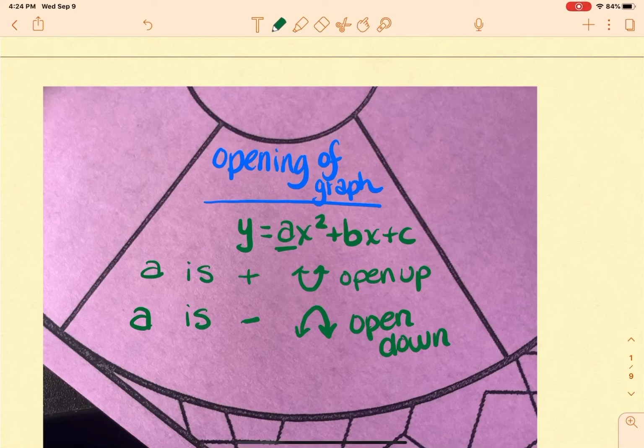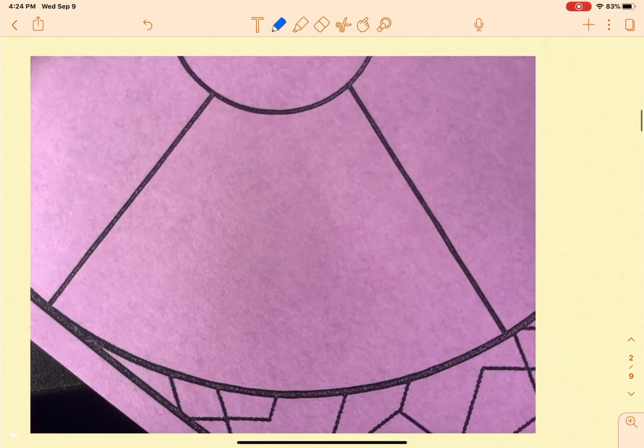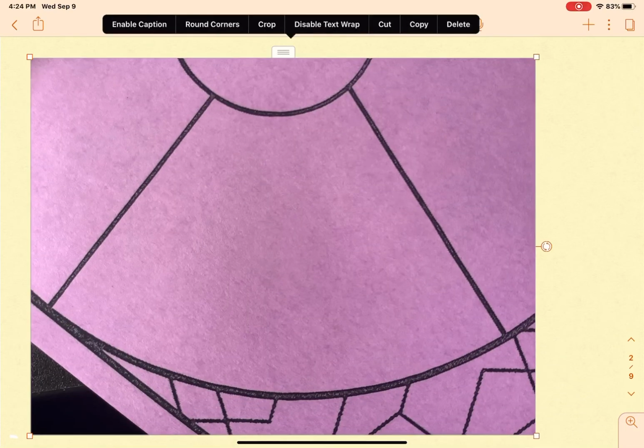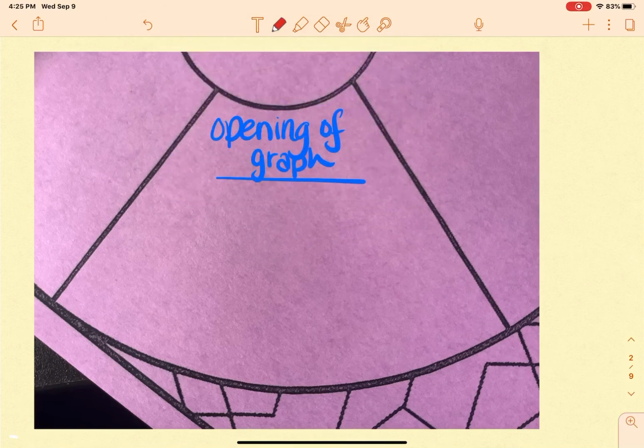Now, we said before, not all of our equations are going to be y equals. Sometimes they're going to be x equals. So let's take a look at those ones. I'm going to talk a little bit, again, heading's going to be the opening of the graph. And this one is going to be when it's in the standard form of x equals, so it'd be x equals ay squared plus by plus c.